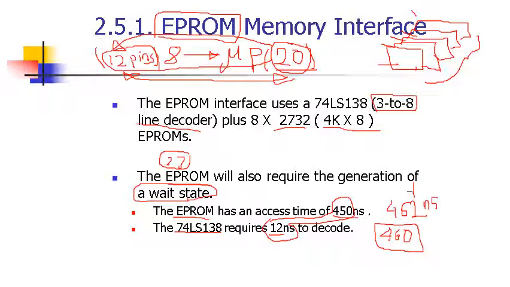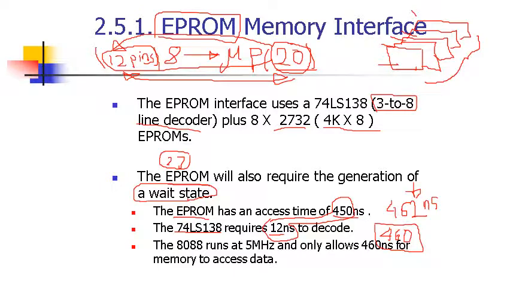So this takes longer, which requires a wait state. Because 8088 at 5 megahertz allows only 460 nanoseconds. If you need more than 460, you have to generate a wait state to let the processor slow down a bit to access your memory.